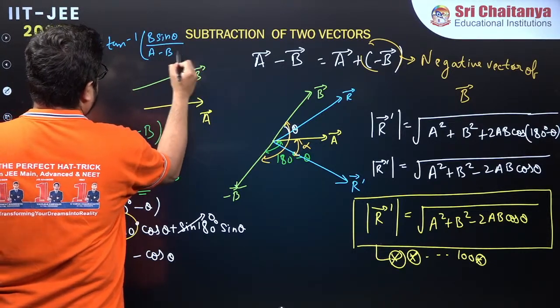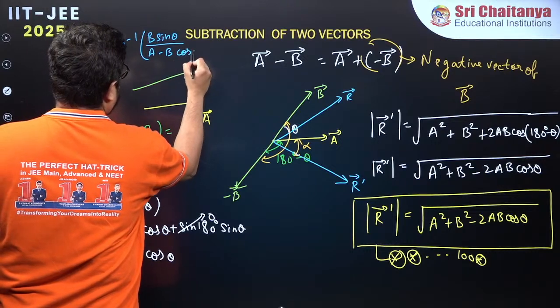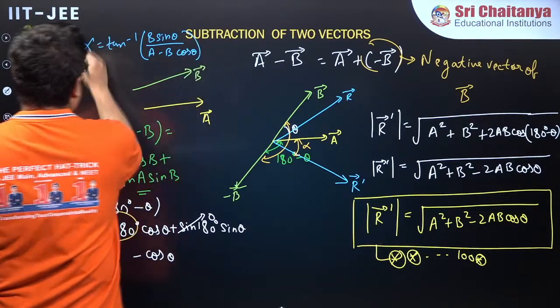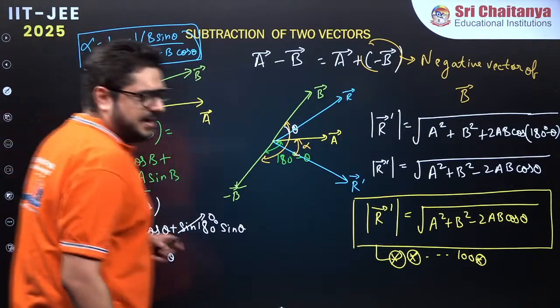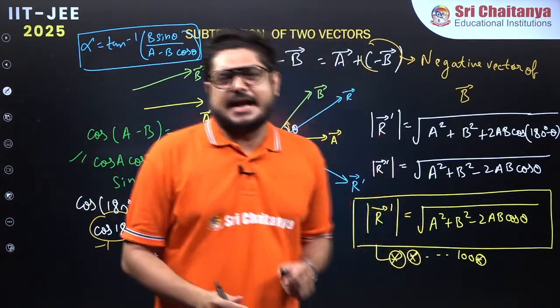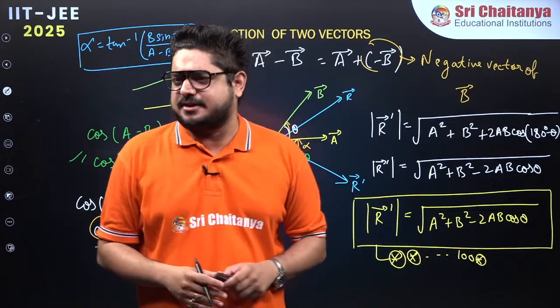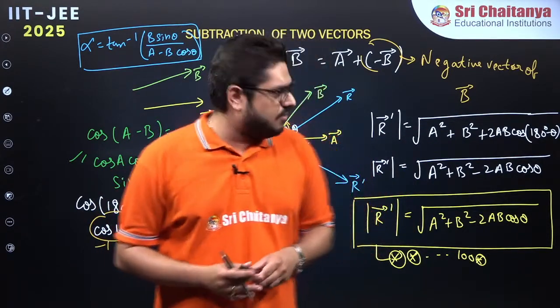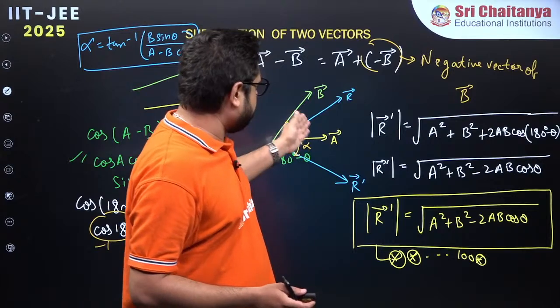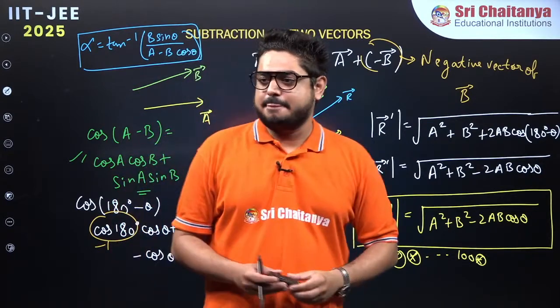For subtraction, a minus is associated over here. So alpha is going to be equal to tan inverse of b sine theta to that of a minus b cos theta. So this is going to be the angle between the resultant and the a vector. And you can also find out the angle between the resultant and the b vector.